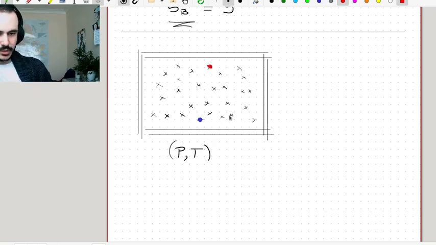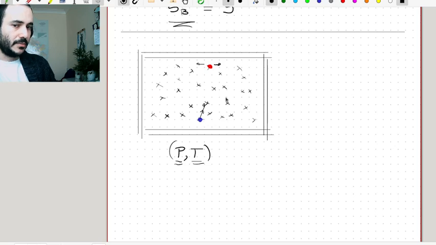Do you think that the microstate that I obtain after swapping these two arbitrary molecules in this extremely large number of molecules in the gas is going to become somehow incompatible with my macroscopic observation that pressure is given by some value P and temperature is some value T? Well, of course not. I could even move them a bit here and there, or I could accelerate them a little bit or make them a little bit slower. Because I'm just changing a couple of molecules. Who cares? Nothing will happen from the macroscopic perspective.